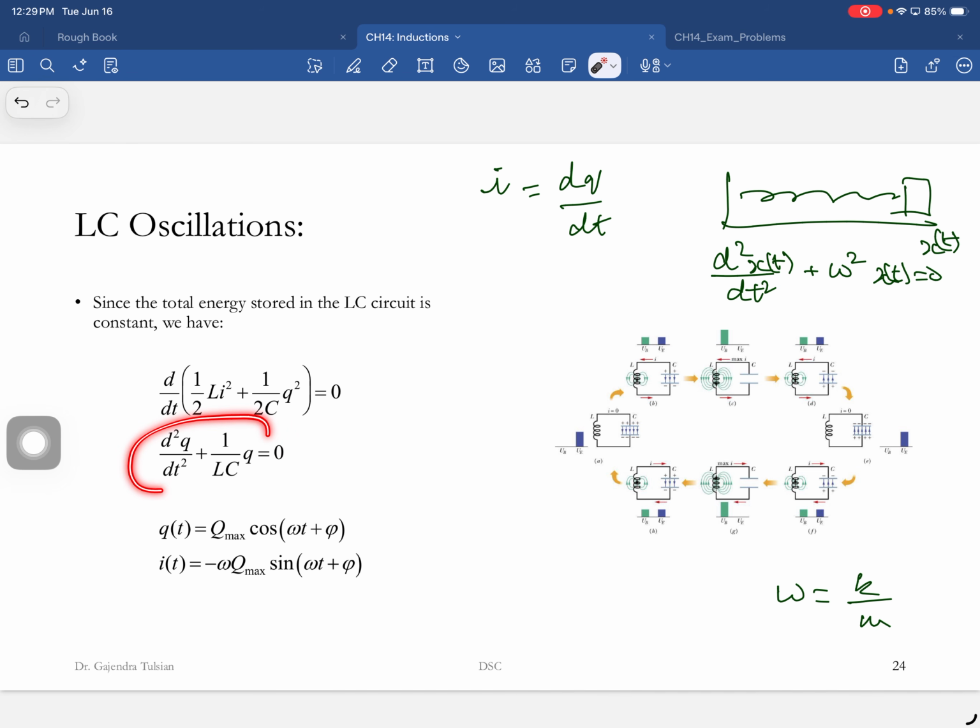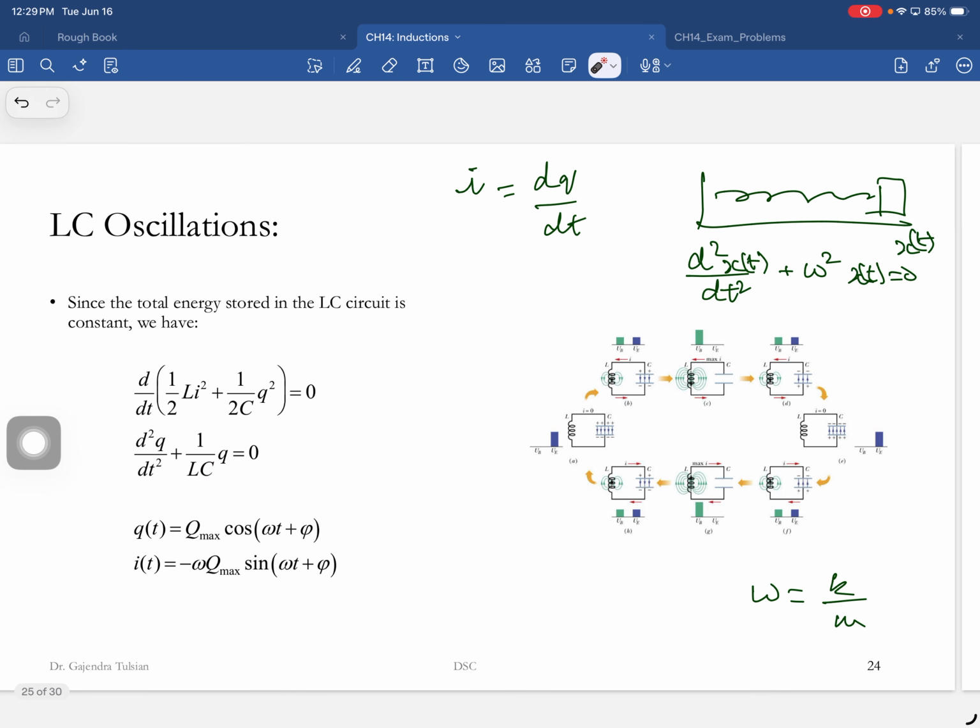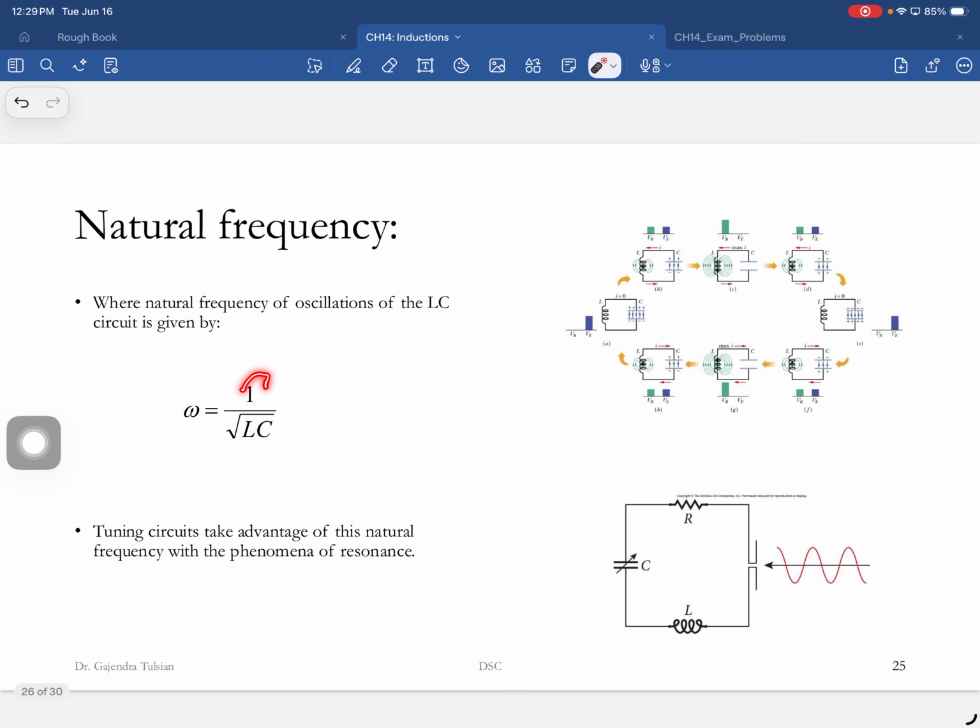So you have oscillation, and the frequency of oscillation is 1 over square root of LC. So that's the frequency of oscillation of this circuit. And the question is, well, what use is this?